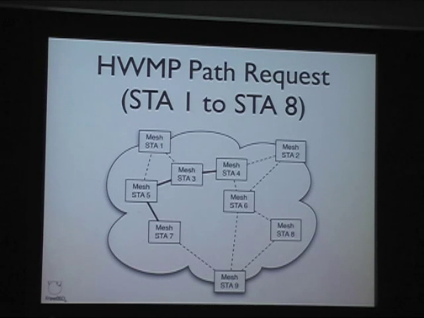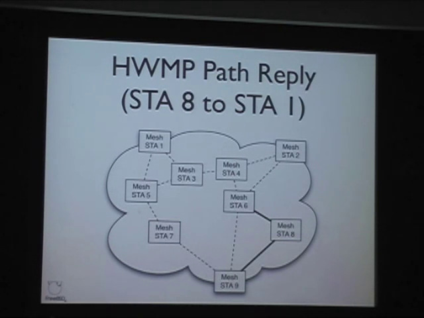So station 5 will discard this packet, but will send to station 7, and station 3 will send to station 4. So this will happen again, and eventually station 8 gets a path request message from station 1.